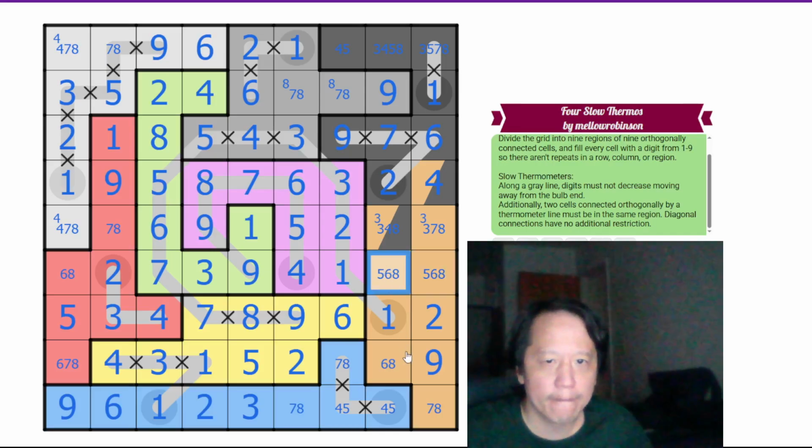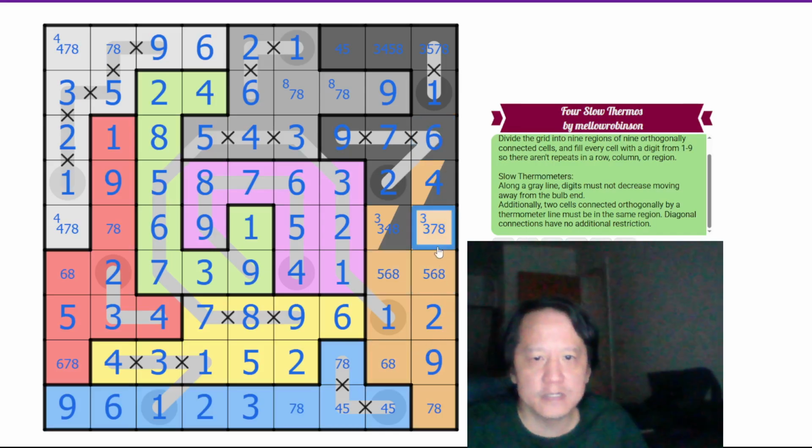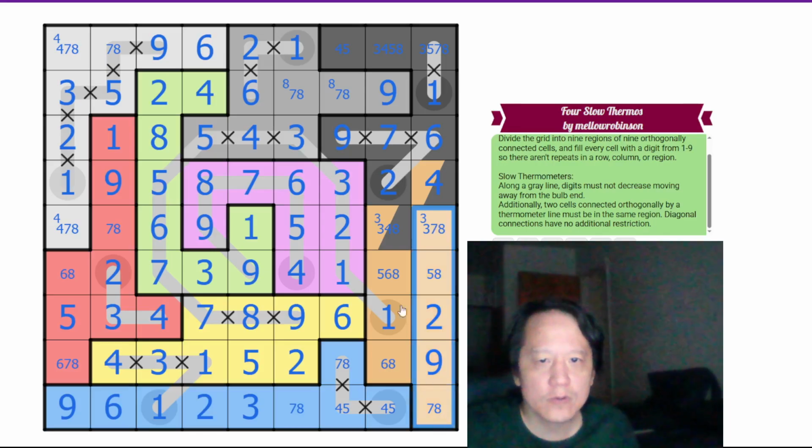Okay. 6 eliminates 6 in the rest of this column. 7 and 9 eliminates 7 and 9 in the rest of this row. Or region.